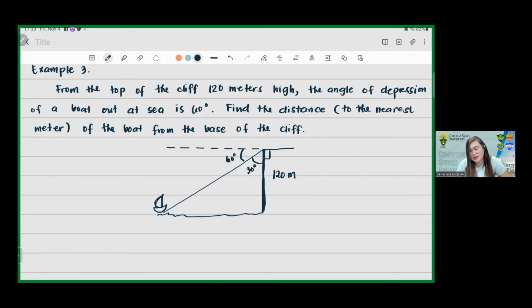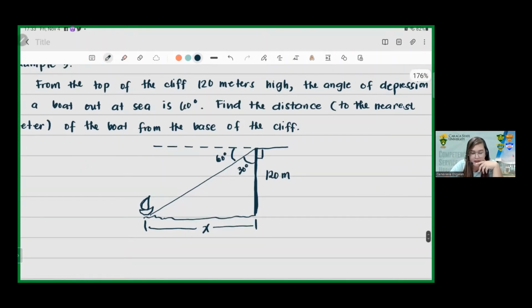So, ang iyang gipangita is the distance gikan sa boat padulong sa cliff. So, let that distance be x. So, unsa man ang magamit dira? Di ba naman kay right triangle, no? Right triangle. Okay.